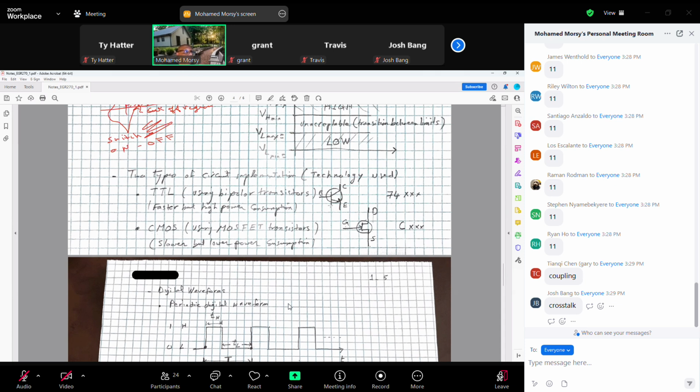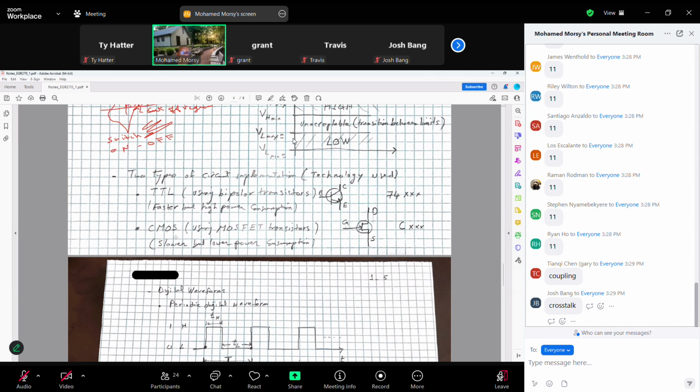And you will see in the data sheet, or even on the IC itself, that for TTL technology the IC always starts with 74. So this means the technology used here is TTL, and the type of transistor we use is the bipolar junction transistor.